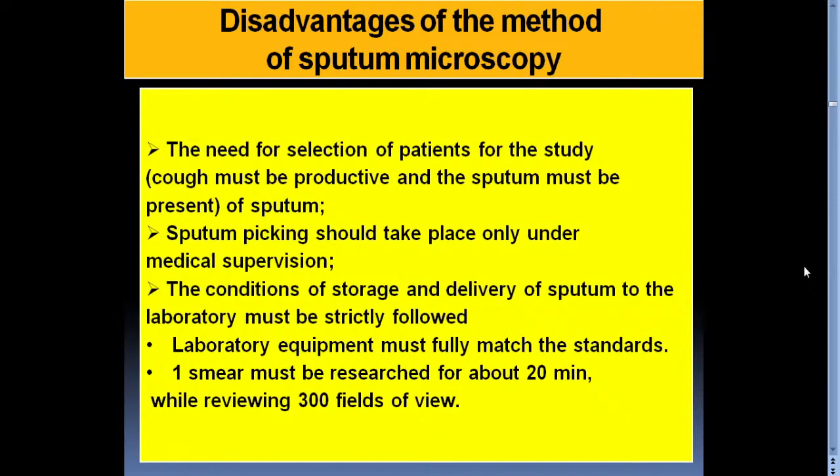Disadvantages of the method of sputum microscopy. The need for selection of patients for the study of sputum. Cough must be productive and the sputum must be present. Sputum picking should take place only under medical supervision. The conditions of storage and delivery of sputum to the laboratory must be strictly followed.